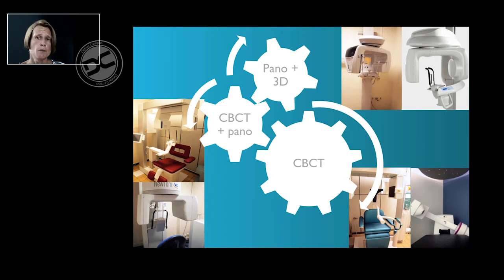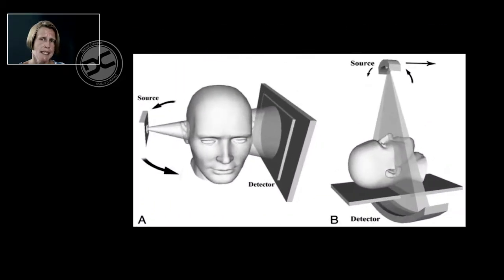There's also an important distinction between, on the one hand, cone beam CT and on the other hand, the multi-slice CT. A cone beam CT is actually a machine where you have a conically shaped beam rotating around the patient's head in one movement. The circular movement can be a full or half or partial circle.